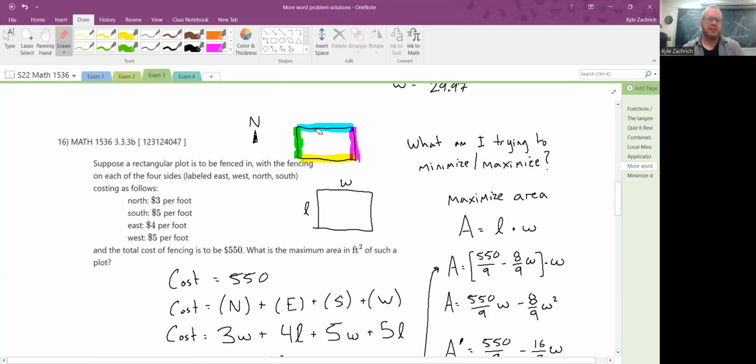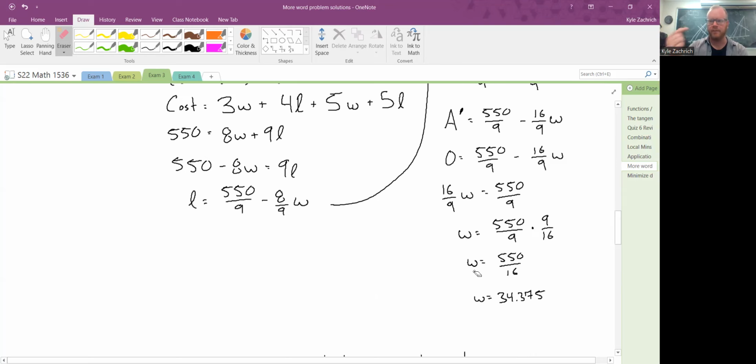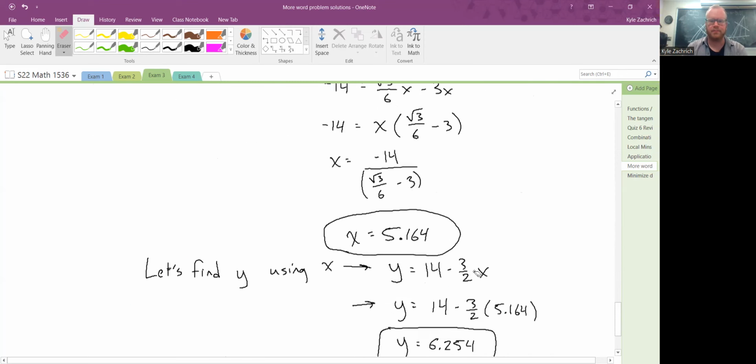But if the north side costs $3 per foot, the cost is going to be 3 times whatever this measurement is, 3 times W. So that's why I come up with this 3W. $4 per foot on the east side, which is this one over here, so that's going to cost $4 times L. Take that equation, figure out a way to eliminate one of your variables, take the derivative, set it equal to 0, find the maximum on there.